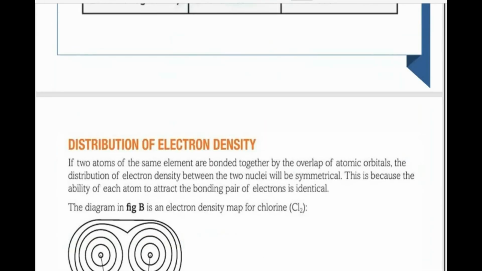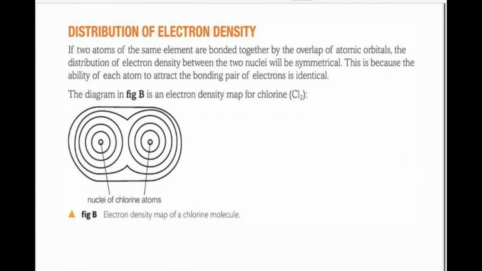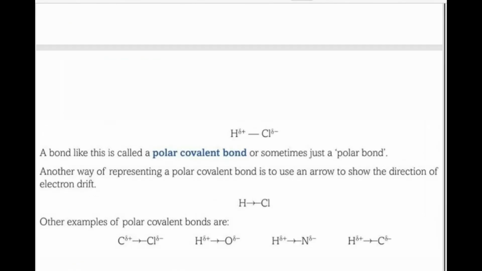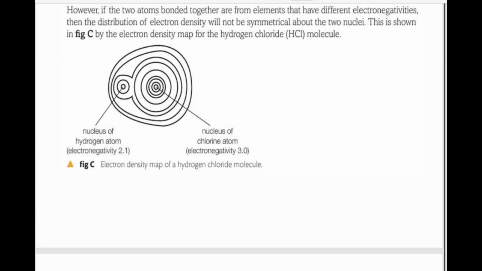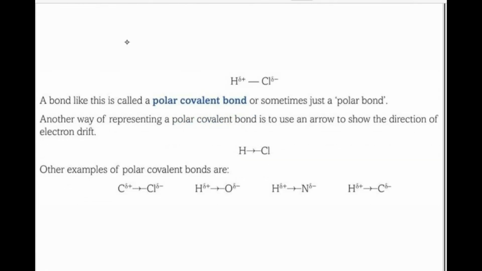Moving ahead, coming to the next part, the electron density. Before we move on, I'm going to explain that when we talk about electronegativity, if we talk about the chlorine molecule, the electronegativity of both chlorine atoms is 3.0.